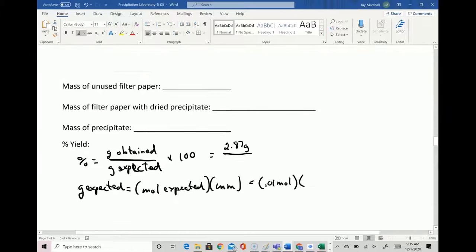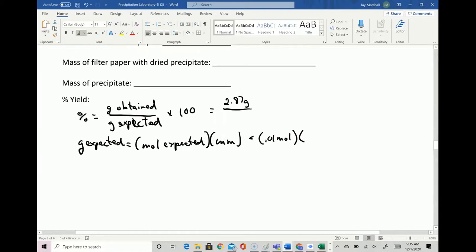So now I'm going to have to write this down. Molar mass of lead iodide, right? Because this is our precipitate. I didn't give you this molar mass. Molar mass of lead is 209 or 207. I think it's 209, isn't it?